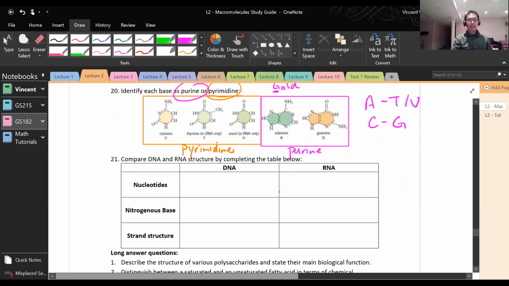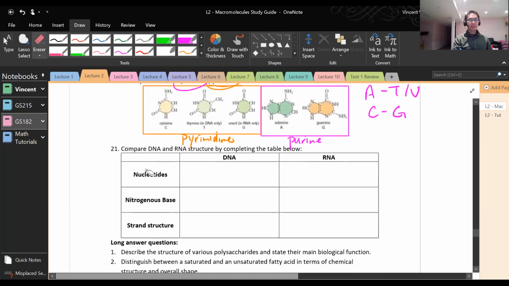Okay, let's compare DNA and RNA together. So the nucleotides here have the phosphate plus a deoxyribose. Ribose is a 5-carbon sugar, and this one is missing an oxygen. That's why it's called deoxyribose, plus a nitrogen base.